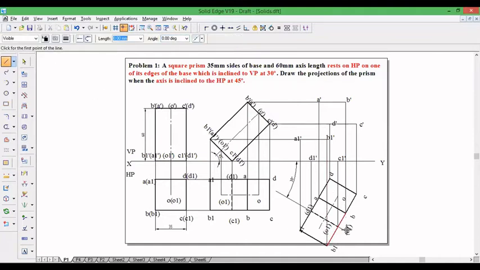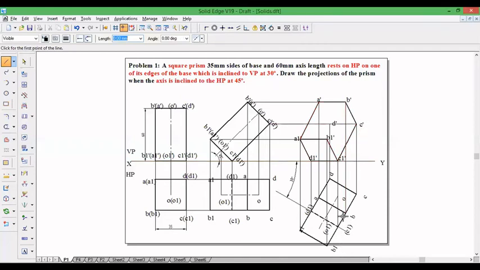Now to identify visible lines, since the base is nearer to observer, we can join the base edge by a visible line. So base edges are A1, B1, C1, D1 back to A1, and always the outermost edges are visible. So AA1, A dash, B dash, C dash, and C1 dash is going to be visible.